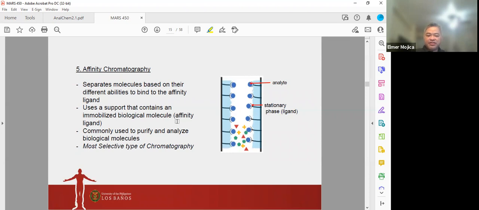Okay, that's your affinity ligand. And you commonly use this to purify and analyze biological molecules. And among all the types of liquid chromatography, this is the most selective one, because whatever your ligand is, it will just target a certain analyte.